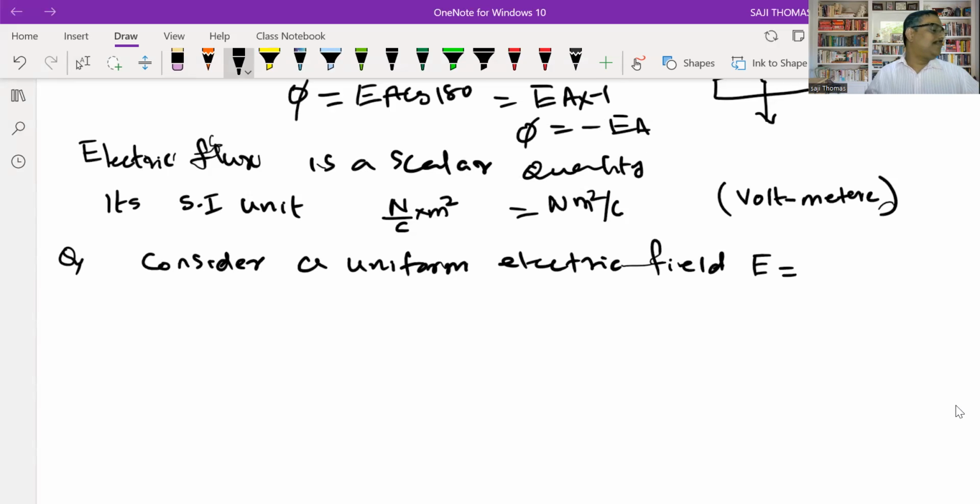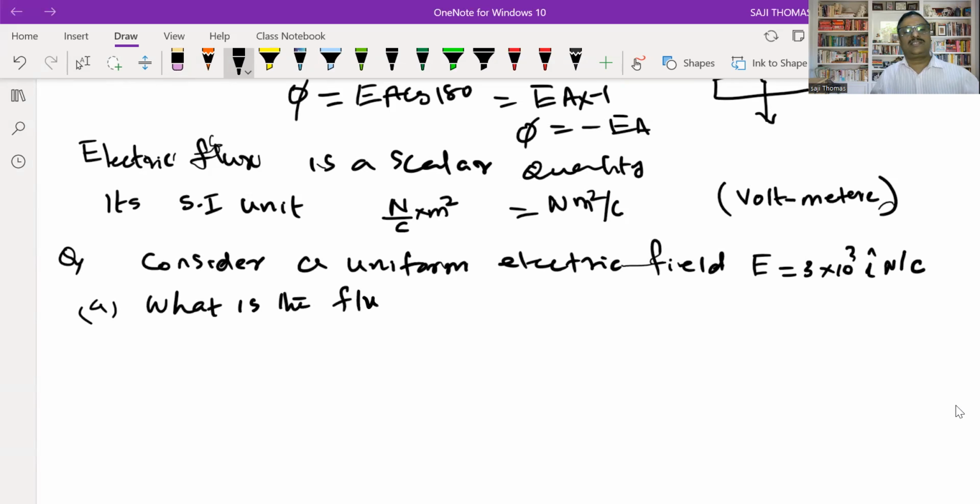Question A: What is the flux of the electric field through a square of side 10 centimeter?